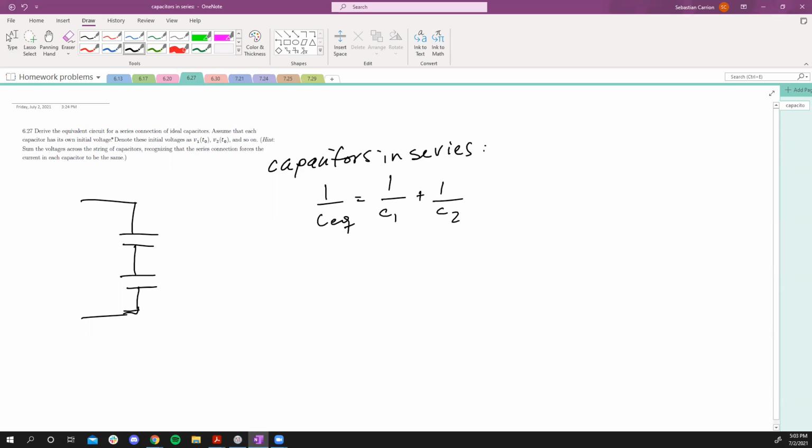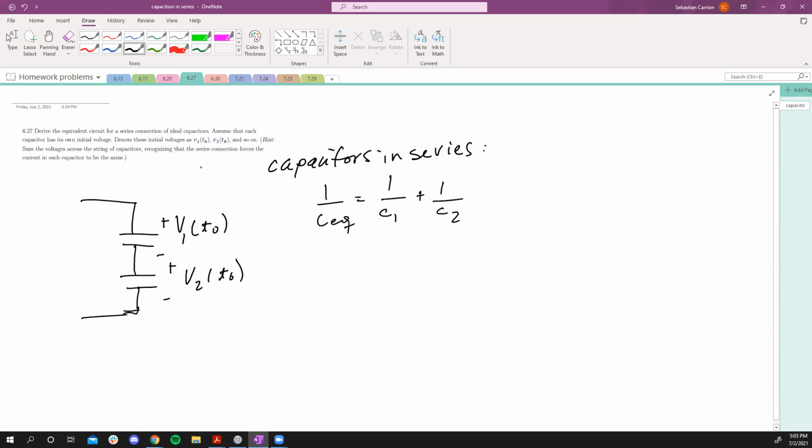So this question says to denote initial voltages as V1 T naught. So here, V2 T naught. The sum of voltages across the string of capacitors.